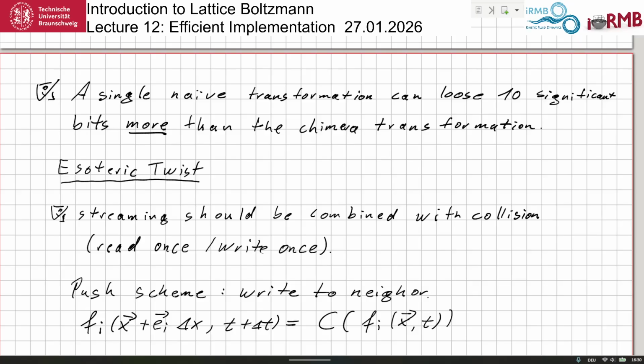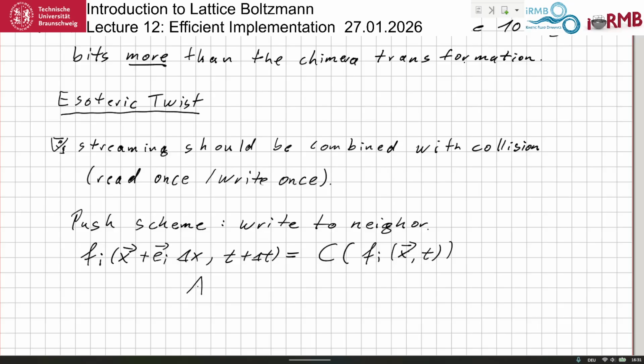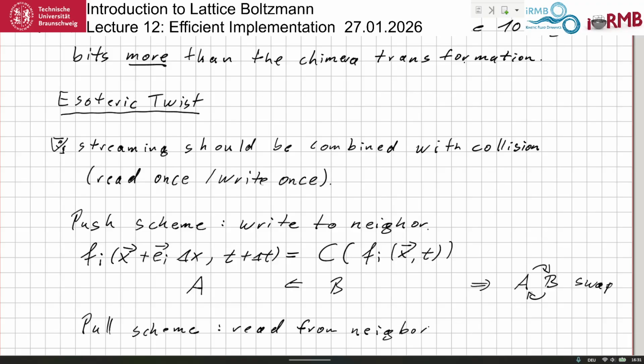Now we can say this here is matrix A and this here is matrix B. And after we did this operation, we exchange A for B and B for A, and then we do a swap. This is what we call a swap. Similarly, this can be implemented in a pull scheme where we read from the neighbor. Okay, I'm too dyslexic to write this properly.